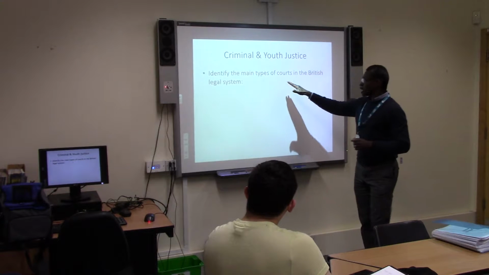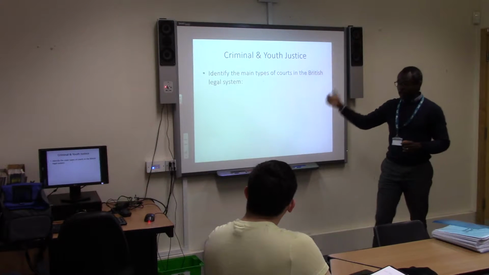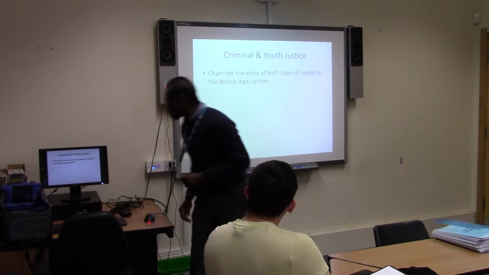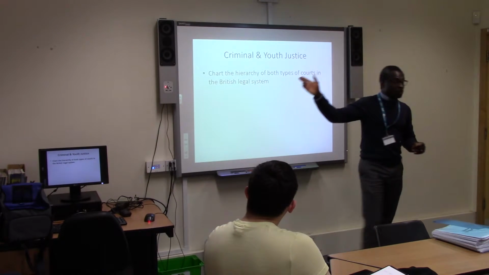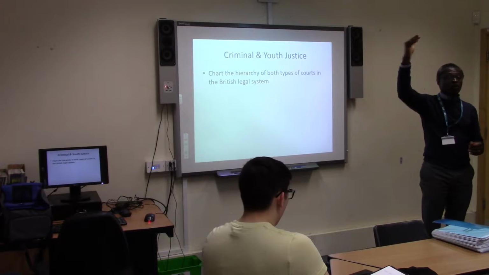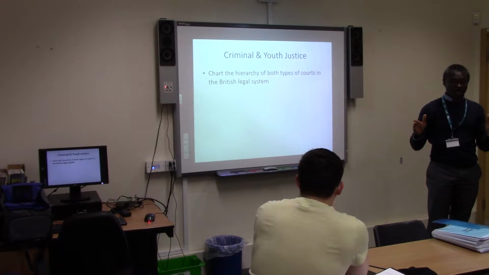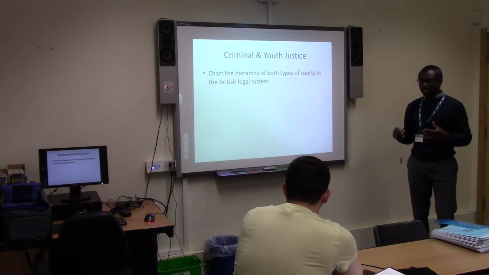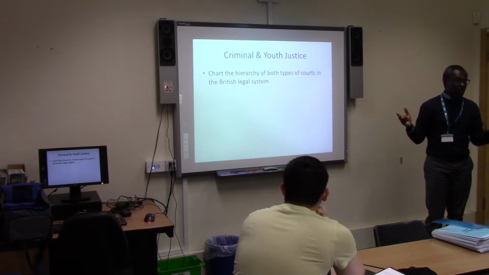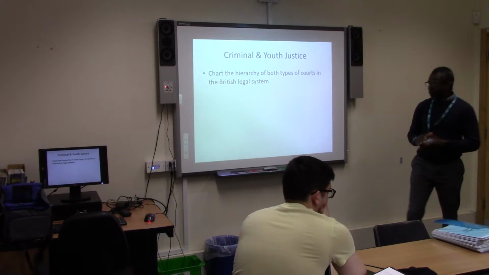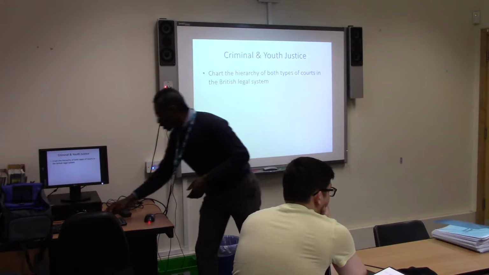So identify the main types of court, talk about the criminal court and the different types of criminal courts and so on. Hierarchy, fairly straightforward. So where do we start from? You can start either from the bottom to the top or the top to the bottom, it doesn't really matter. But again, in a diagram or tabular form is perfectly fine. Okay, so basic introduction to do with the courts.